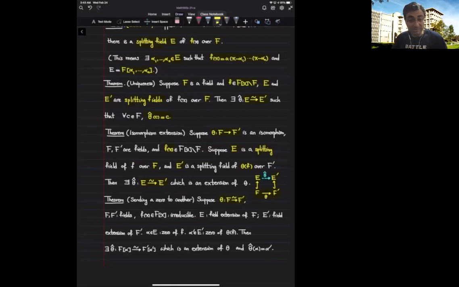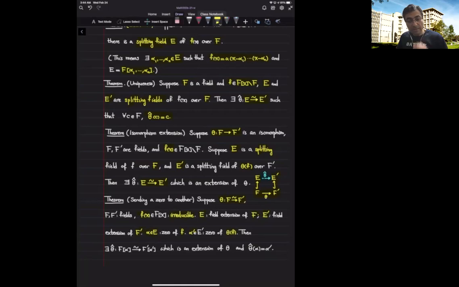Essentially, I'm giving you two copies of the same field. I give you an irreducible polynomial with coefficients inside this field F. I tell you that E is some field extension of F, and E prime is some field extension of F prime. I tell you that alpha is some element in the first field extension that's a zero of the polynomial f, and alpha prime is a zero of theta of f.